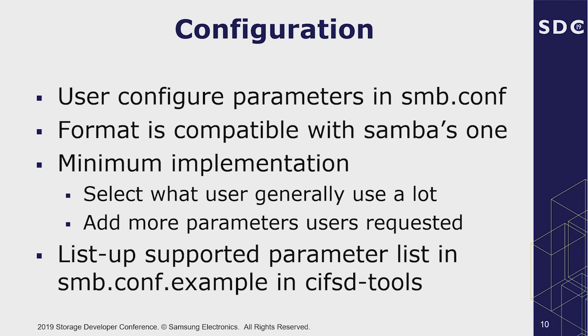We implemented the parameters that users commonly use to operate as a file server, and we added more parameters requested by real users. We list the supported parameters in the smb.conf example file in CIFSD tools.